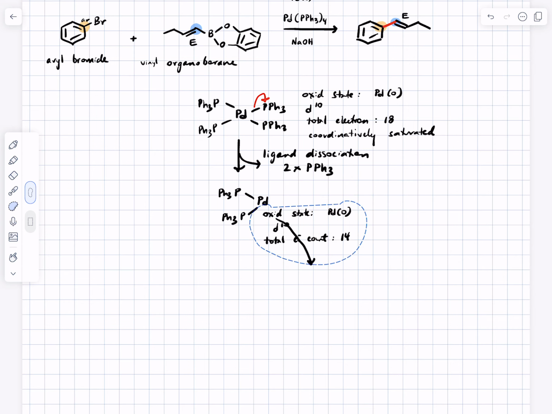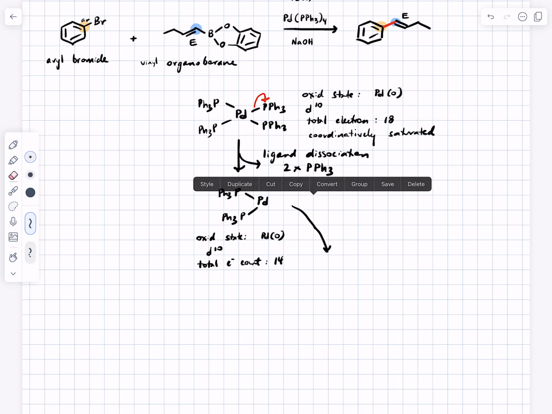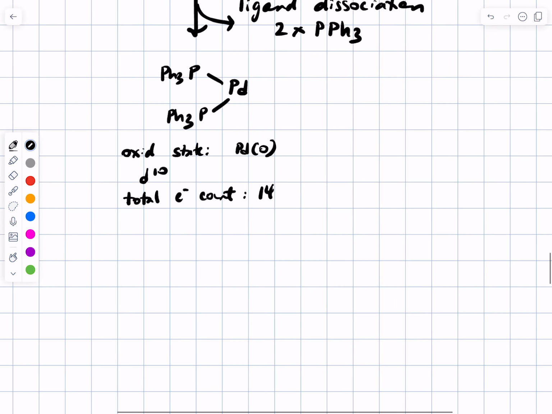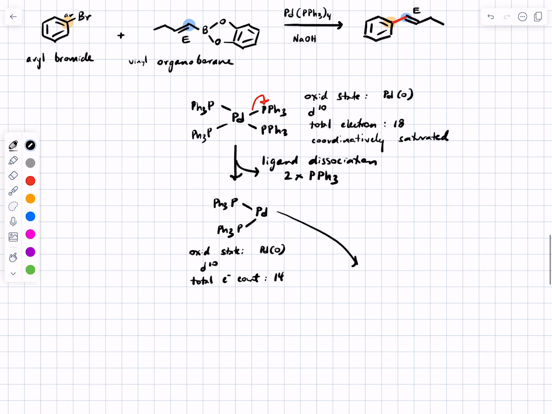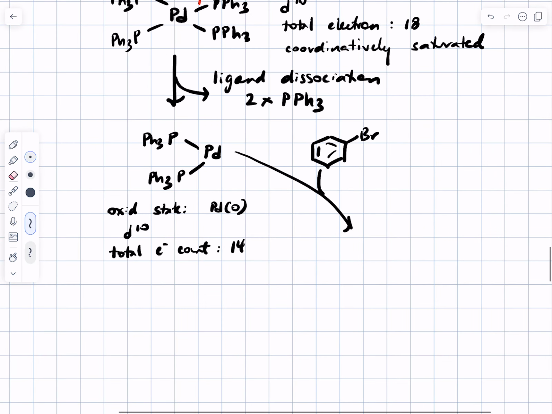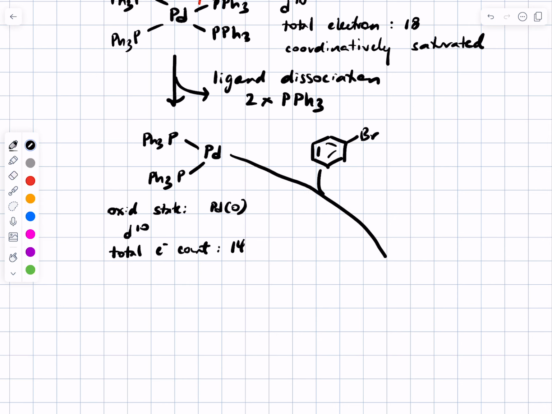Okay. At this point, the catalyst is going to react with the aryl halide. So I'm going to draw that aryl halide here, and we'll have it coming into this reaction arrow, which is going to go like this.